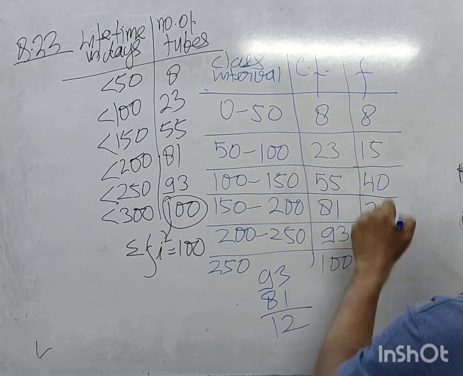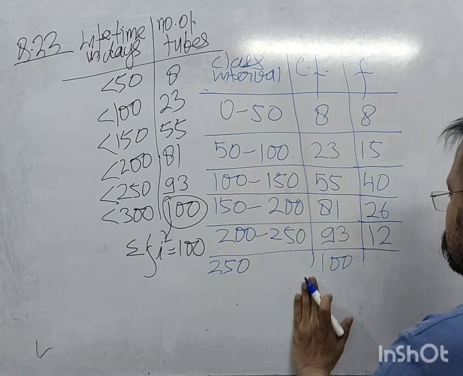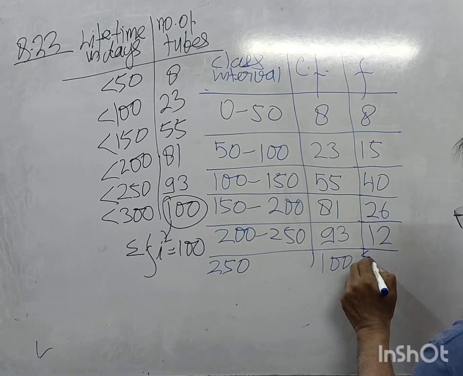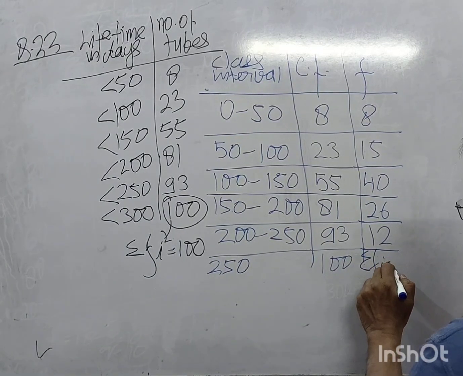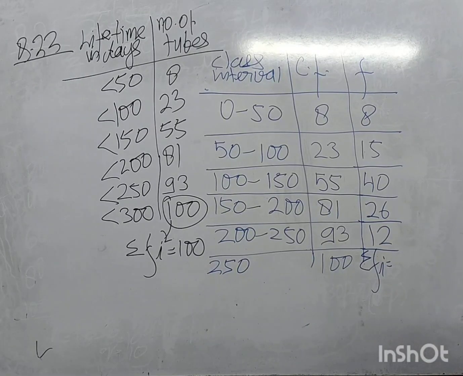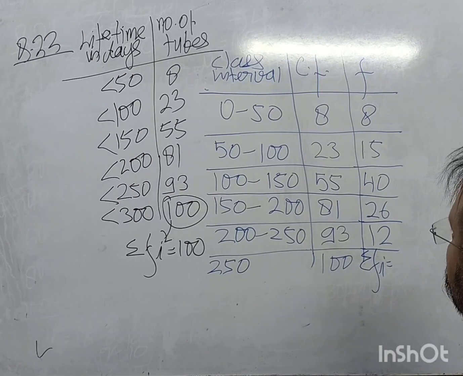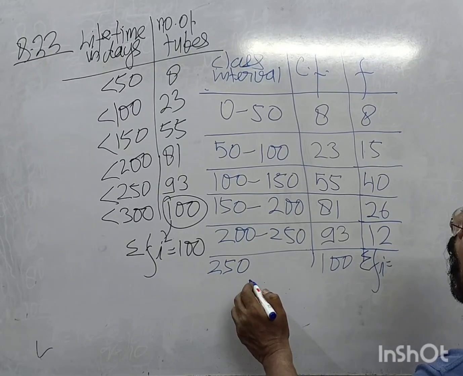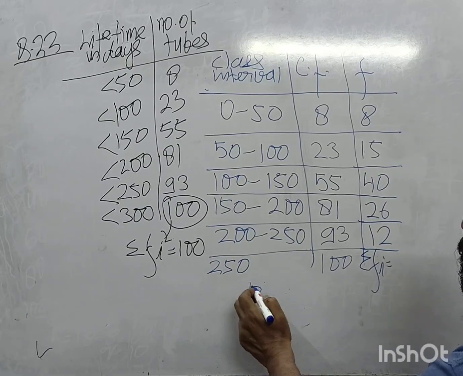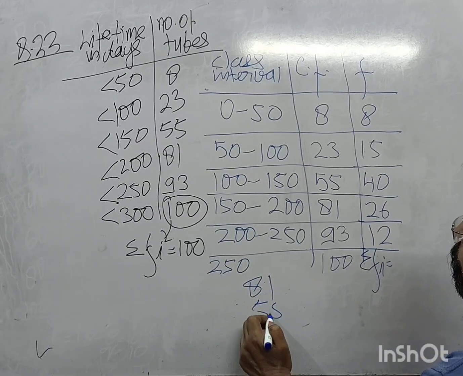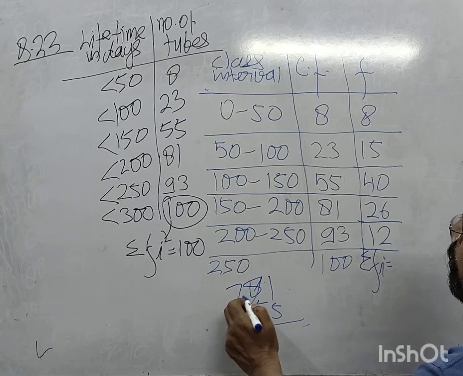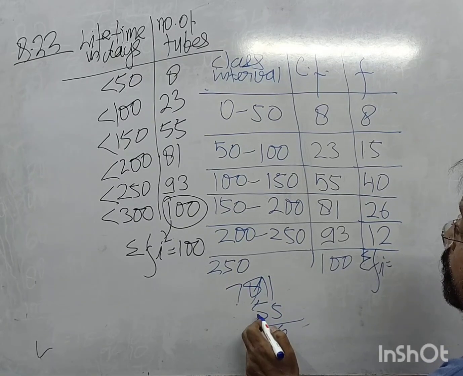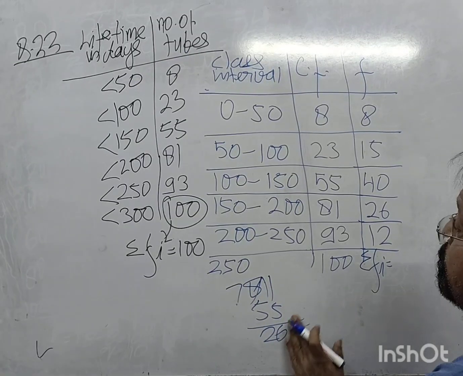This is frequency. Sum of all frequencies how much? Something is wrong. 81, 55. You get here 7, 11. 11 minus 5 becomes 6 and it is 26. That is correct.